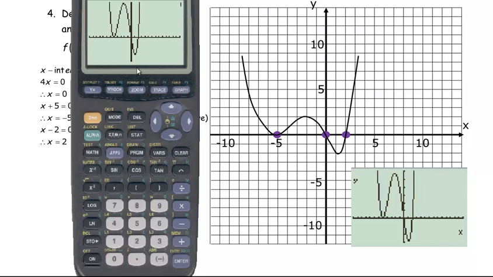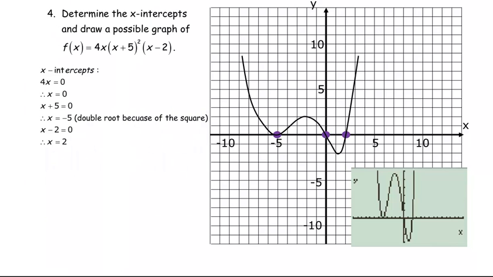Yeah, and to make it look a little bit better, I made the scale on the y-axis 50. You'll actually see this graph here come up. So I need a lot more room on the y-axis in order to see this maximum and this minimum here. So this is just sort of a rough sketch. It shows the zeros, but it's not terribly accurate. The zeros are what are important here, though.